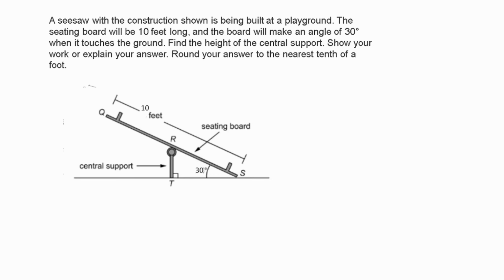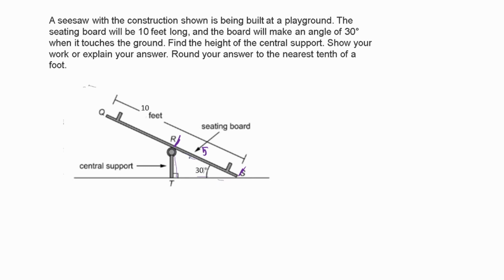So we know a couple pieces of information here. We know that this is 10 feet long and that our seating board here is going to be halfway, which means from the middle here to our end here is going to be 5 feet long, which is great for us because we need to know information in this triangle.